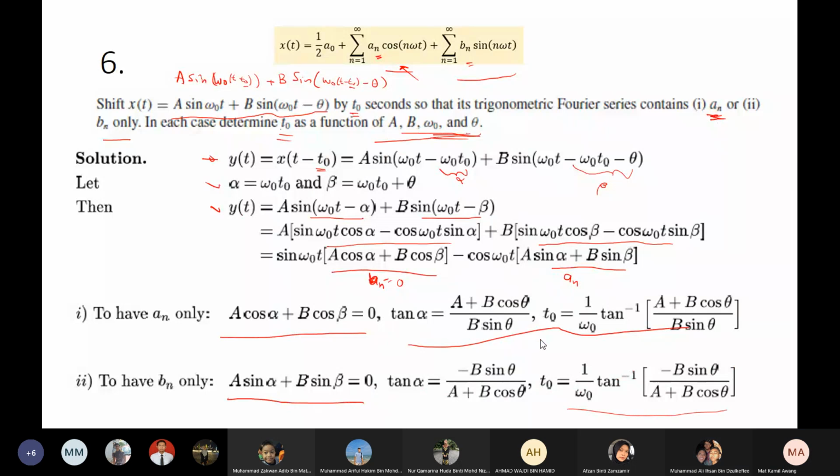It's difficult, but it shows you how you can manipulate a function to make it even and odd by using the trigonometric property. The Fourier series.